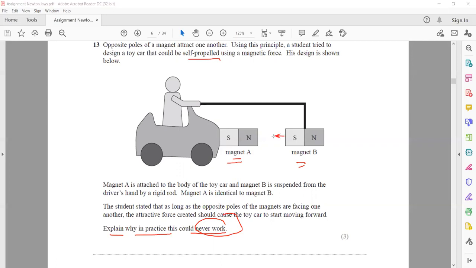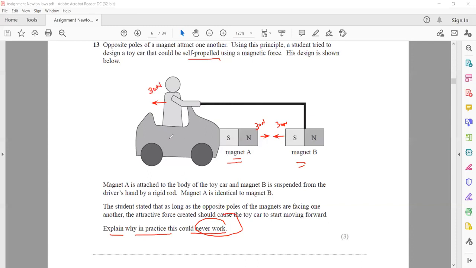Magnet A is exerting a force on magnet B and magnet B is exerting a force on magnet A. They will be the same but in opposite directions. And this magnet is actually attached to the person, so this person is also experiencing the same force. If this is 30 Newton, this is also 30 Newton because the person is holding it. So the force on this person is also 30 Newton.